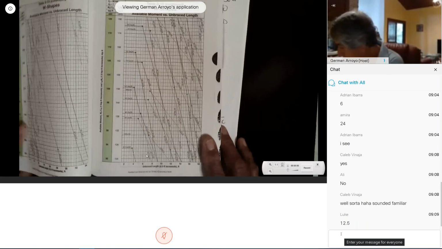So go to this point and go to the left. Go to the left and tell me what is the phi M n. You already selected the section. You went with the unbraced length and with the moment, but now you go straight until you touch the section, the W12 by 53. You go to the left, and what is this value?